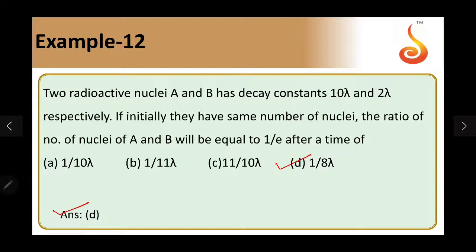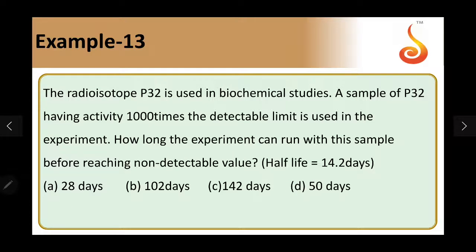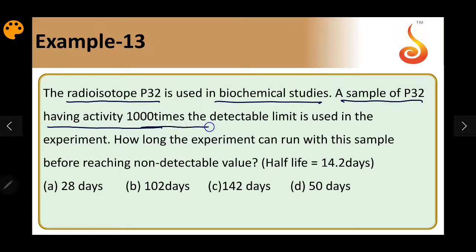We'll go to example 13. The radioactive isotope P32 is used in biochemical studies. A sample of P32 having an activity of 1000 times the detectable limit is used in an experiment.